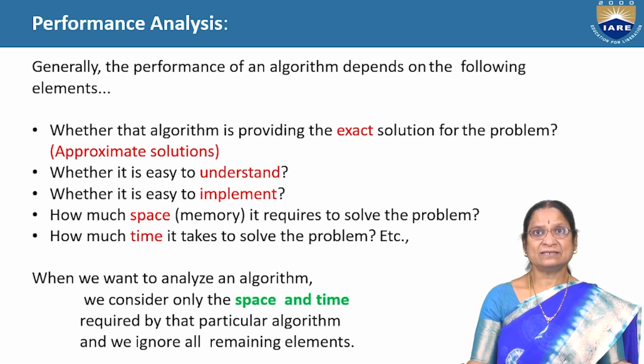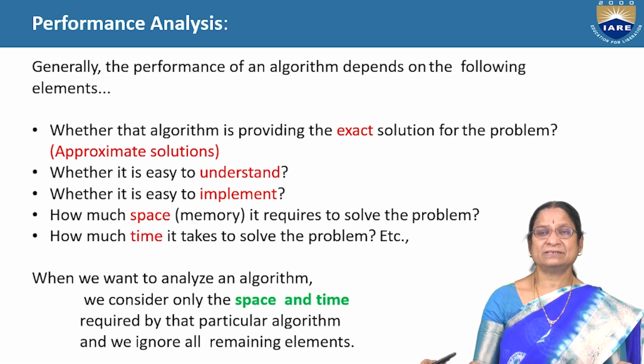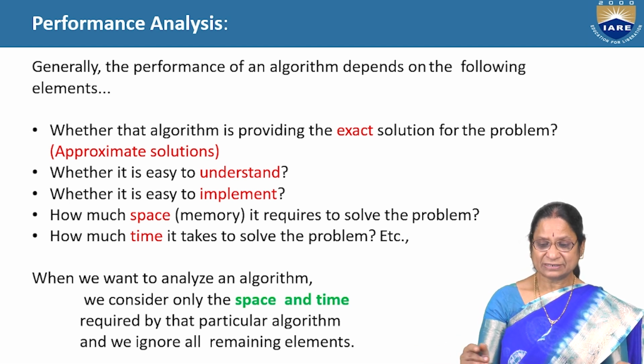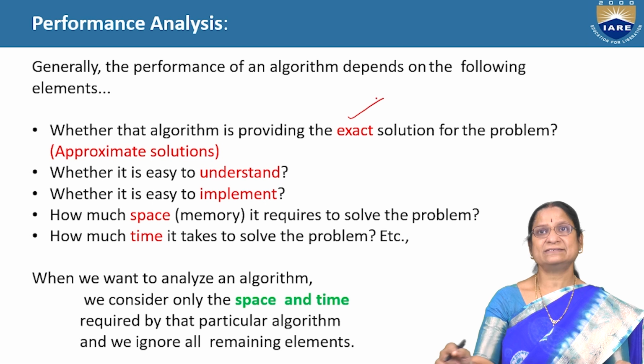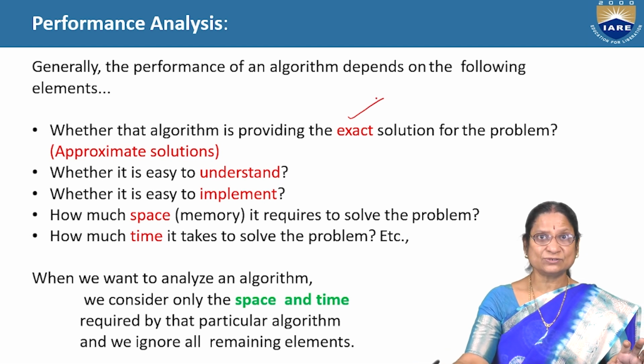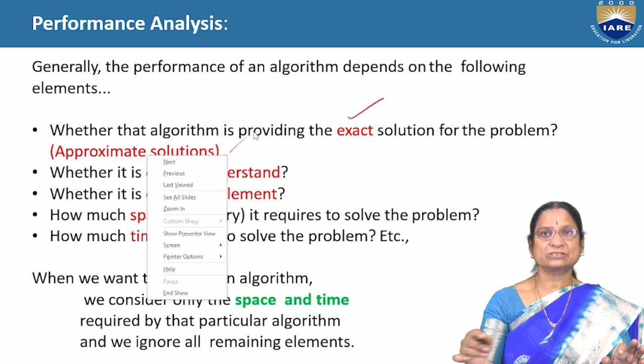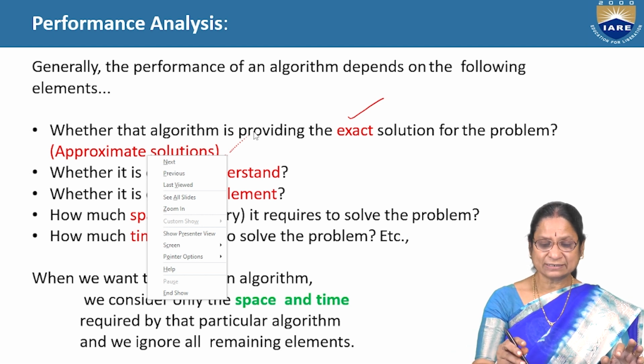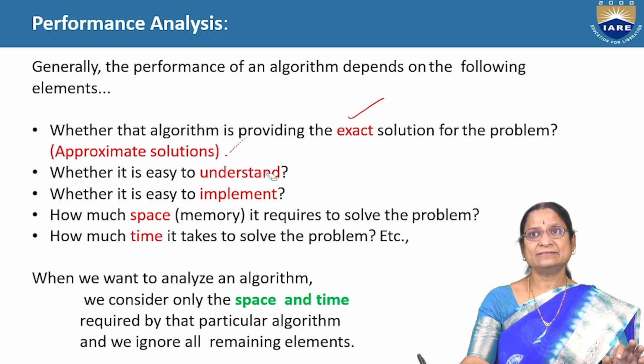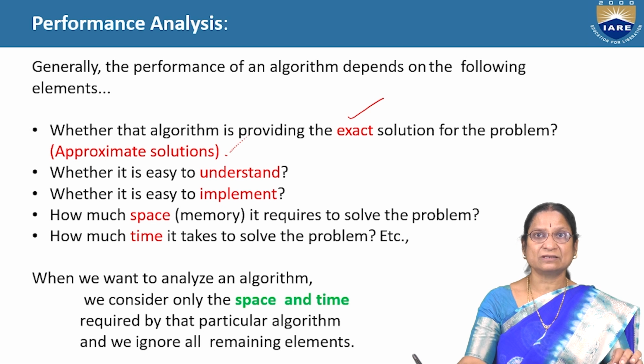The performance analysis of an algorithm depends upon various elements. First is whether the solution exists or not, that is, whether an exact solution exists or an approximate solution exists. We'll discuss various things in further lectures on analysis of algorithms. Even as the last part of this course, we will consider approximation solutions and their importance in various areas of allied sciences.